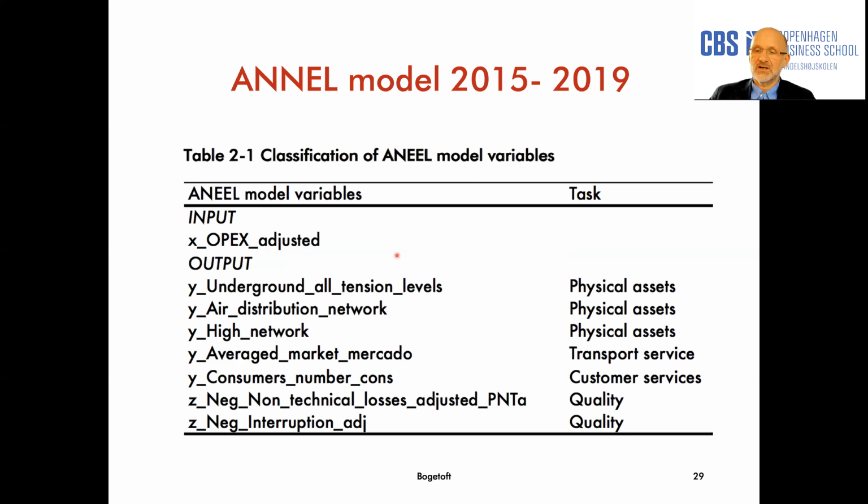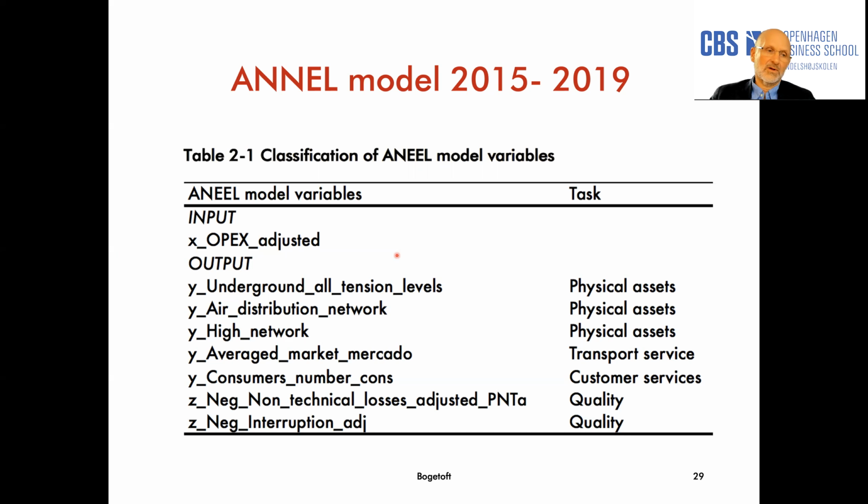And then you have something about this average mercado, that's basically the amount of electricity being transported, like the megawatt hours in the Swedish model. You have again the number of connections, so in this case the number of consumers, and then you have a couple of quality indicators in the Brazilian model, or an environmental variable, you can also say, and that has to do with non-technical losses.